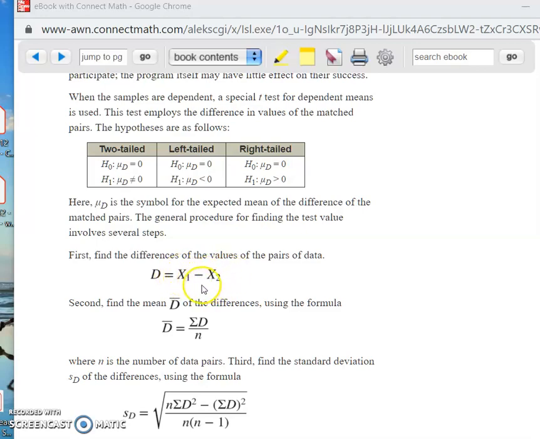To really make sense of this, you need another index over here on the left-hand side: pair number 1, pair number 1, pair number 2, pair number 2, pair number 3, pair number 4. And then it's the first person and the second person out of each of these pairs, okay? So the notation kind of gets in your way.